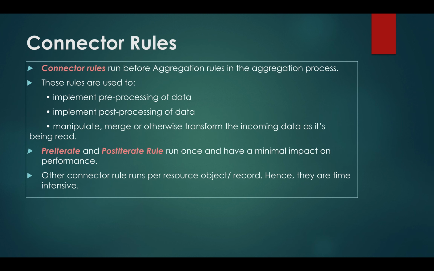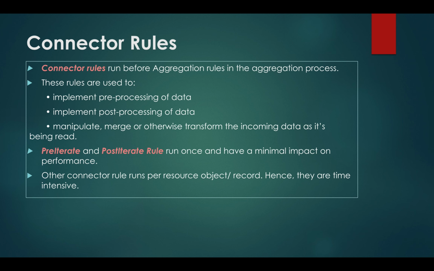Whenever we perform aggregation, there are some rules that run in the background. One among them is the connector rule, followed by the aggregation rule during the aggregation process. Whenever we initiate an aggregation, connector rules always take precedence over aggregation rules. That means connector rules run first before aggregation rules. Generally, the purpose of a connector rule is to implement pre-processing of data.